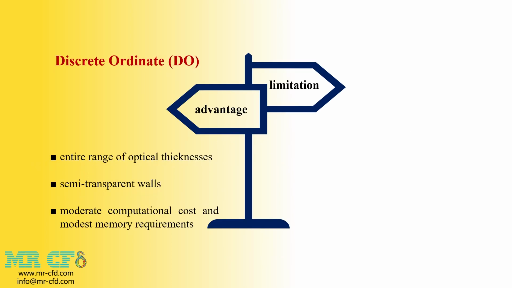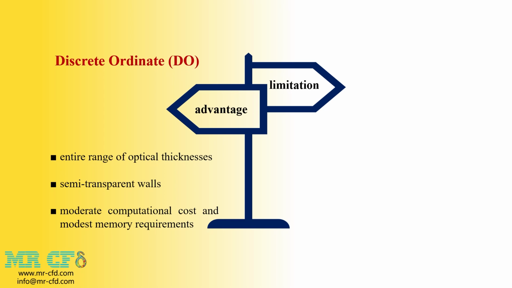One of the most widely used methods in the radiation model is the discrete ordinates method, DO. First, we try to express the advantages of this radiation method. Its first advantage is that it covers a wide range of optical thicknesses. In this sense, it can be said that this method is widely used in various problems from surface-to-surface radiation to radiation in combustion problems.